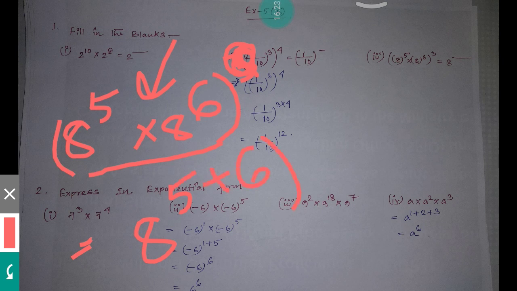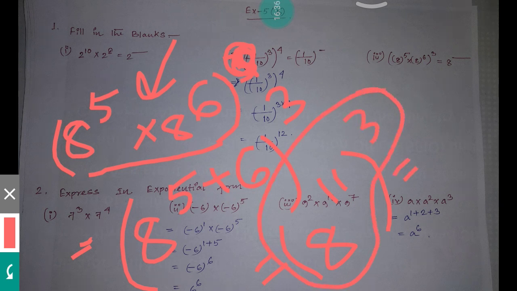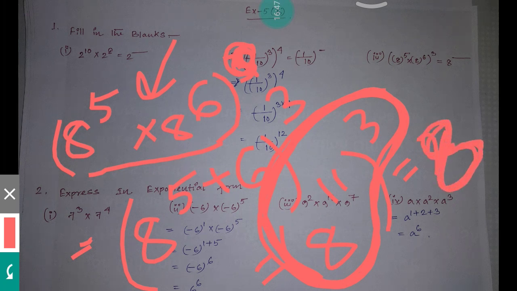But outside the bracket what is there? 3 is there. That means 8 power 5 plus 6 means 11. Again outside the bracket 3 is there. So which formula is this? Remember formula number 2, x power m whole power n is given, that means x power m into n. So here x is your 8, that means the base, 8 power 11 into 3, that means 33.